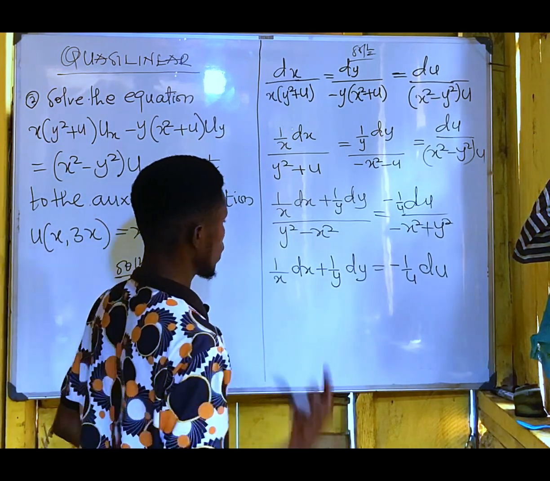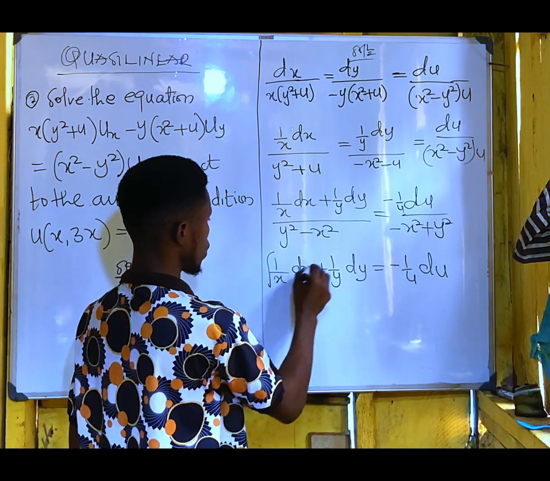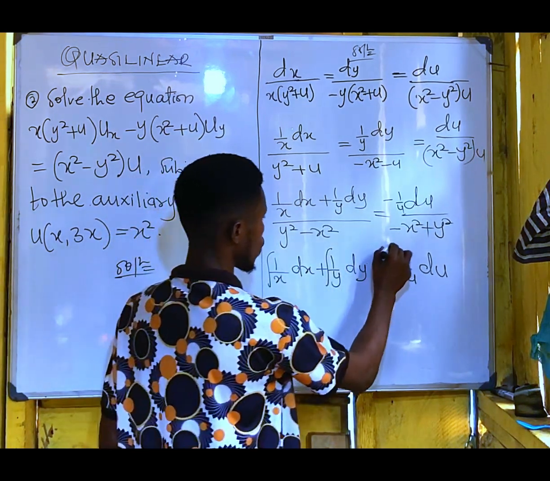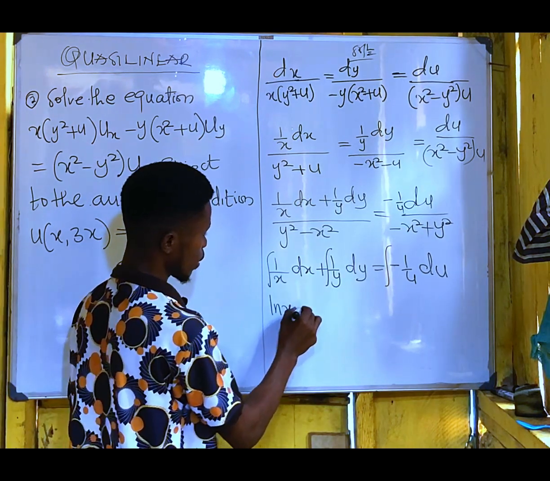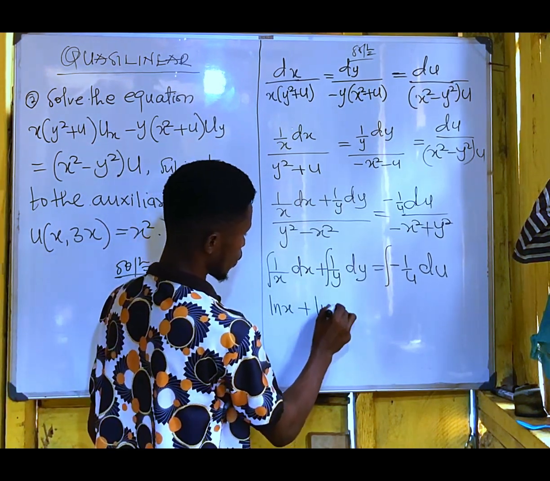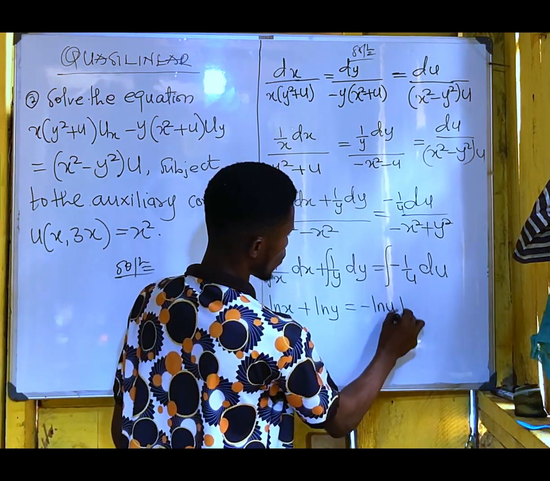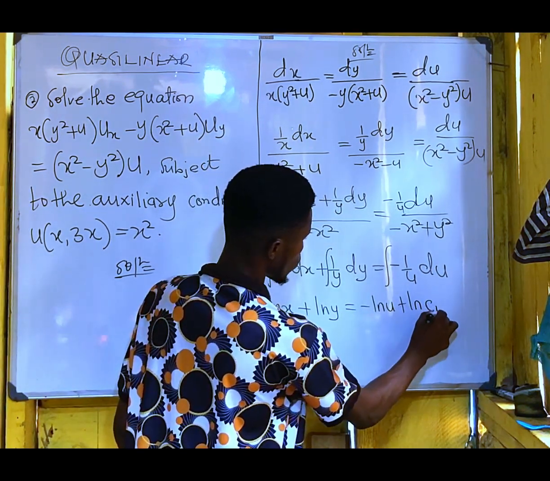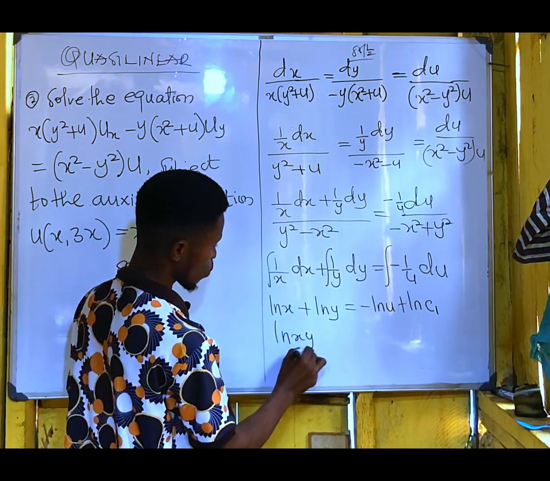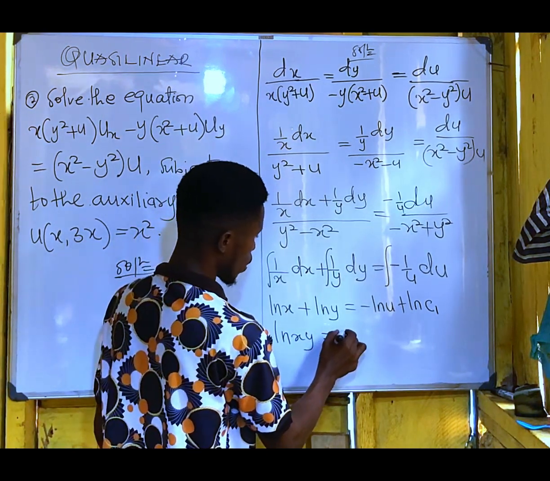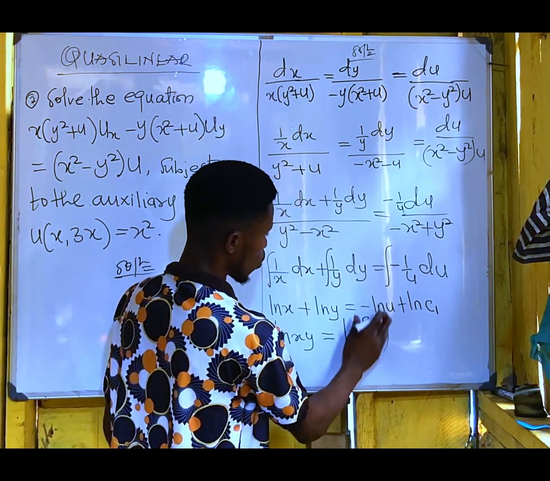So in this case we can integrate. So let's integrate this one. This will give us ln x plus ln y equals negative ln u plus ln c1. So ln xy equals ln c1 over u. I hope you know why it's over u.